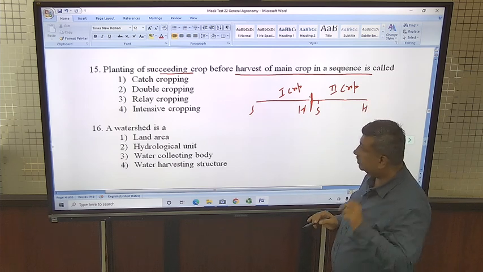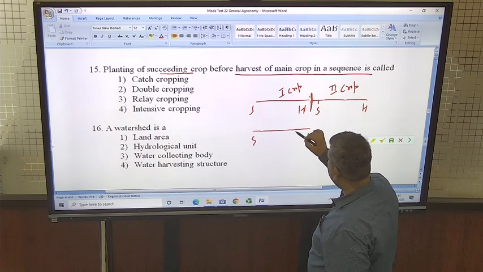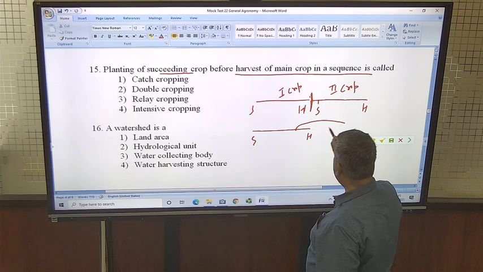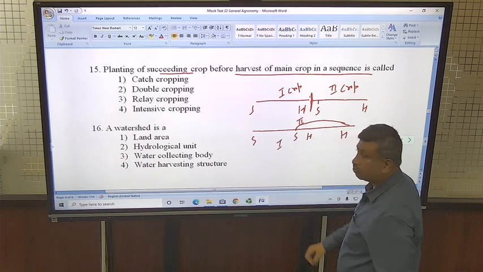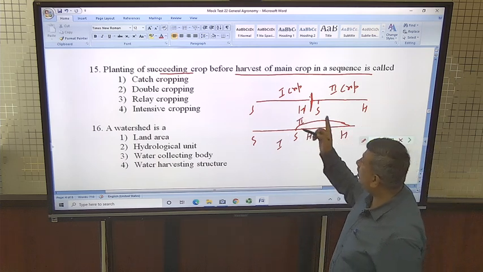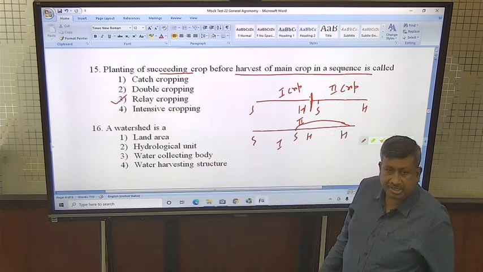But there is a system where the second crop is sown before the harvest of the first crop. This system is known as relay cropping, just like a relay race.